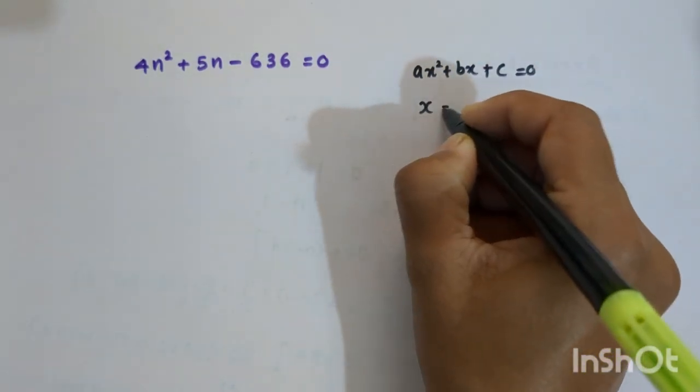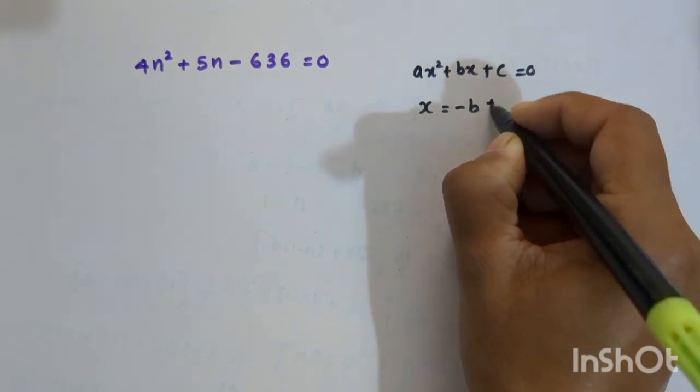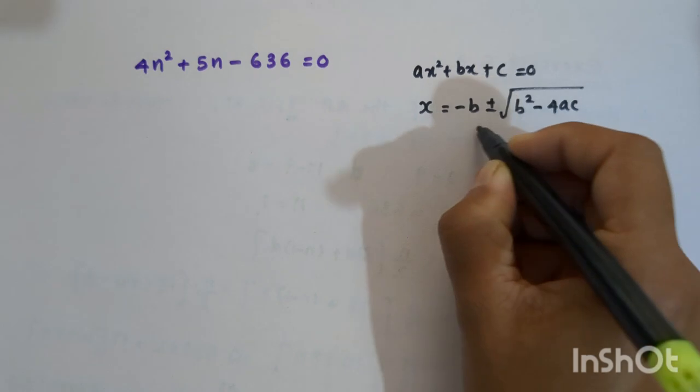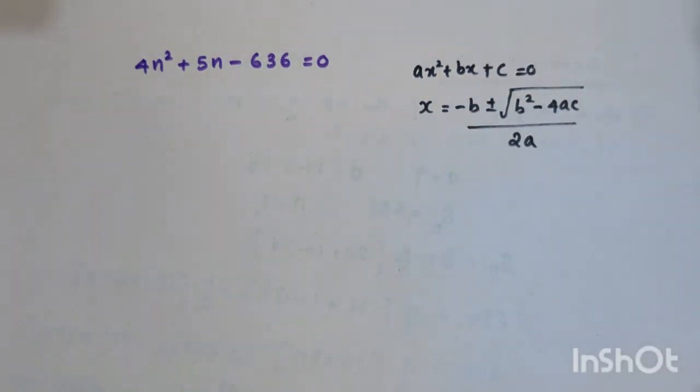Then x will be equal to minus b plus or minus square root of b square minus 4ac, divided by 2a.